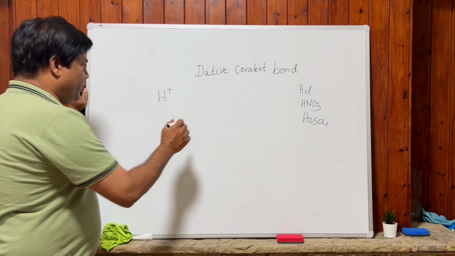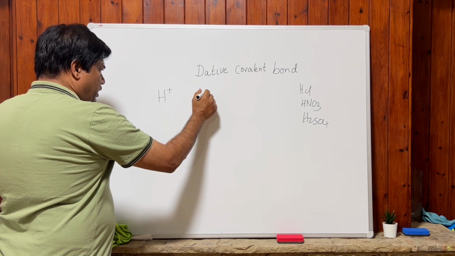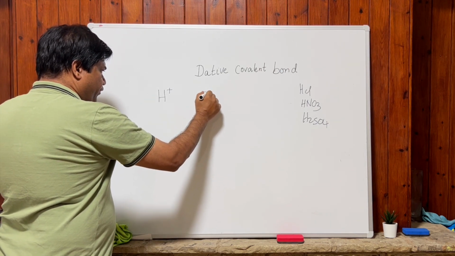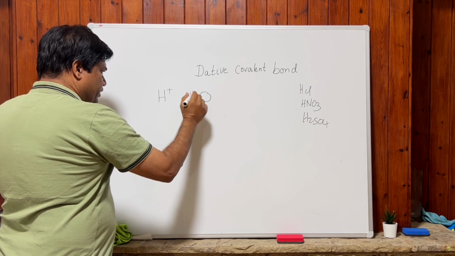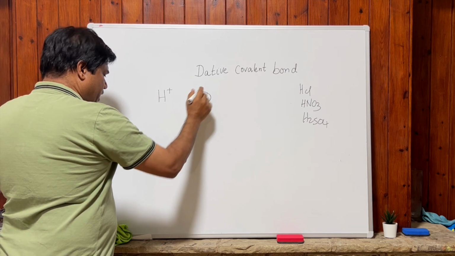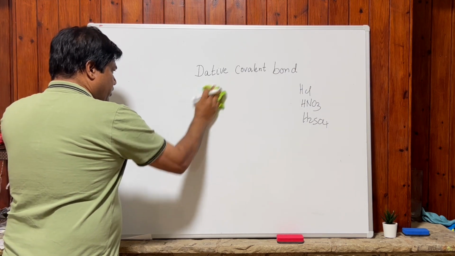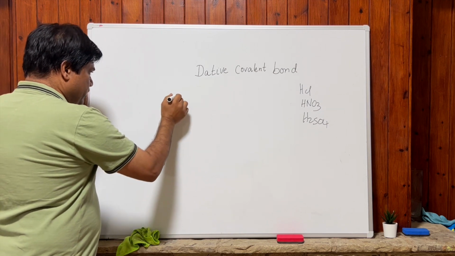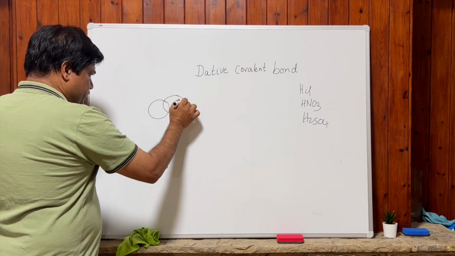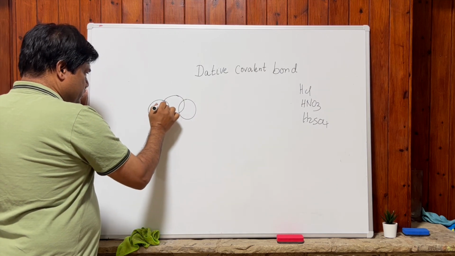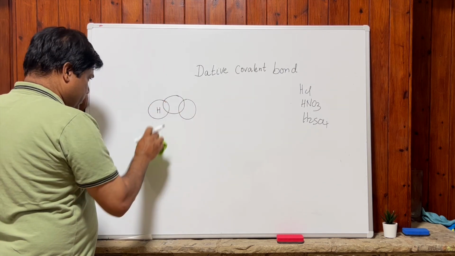Now look at water, H2O. Let me draw it in a different way: this is oxygen, with 1 electron shared with hydrogen, 1 electron shared with another hydrogen.